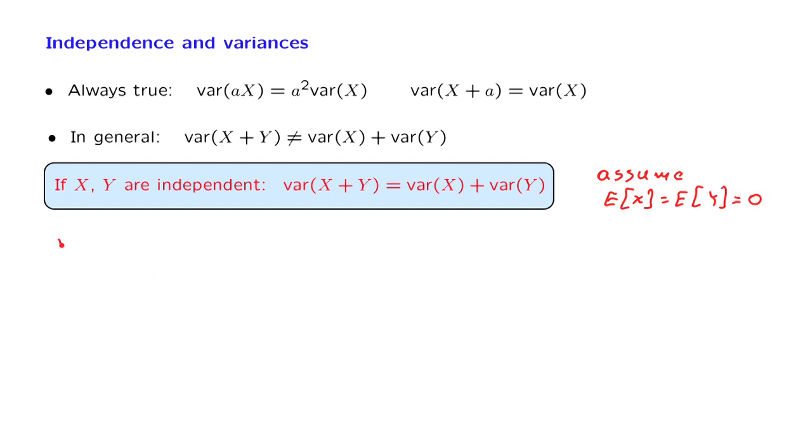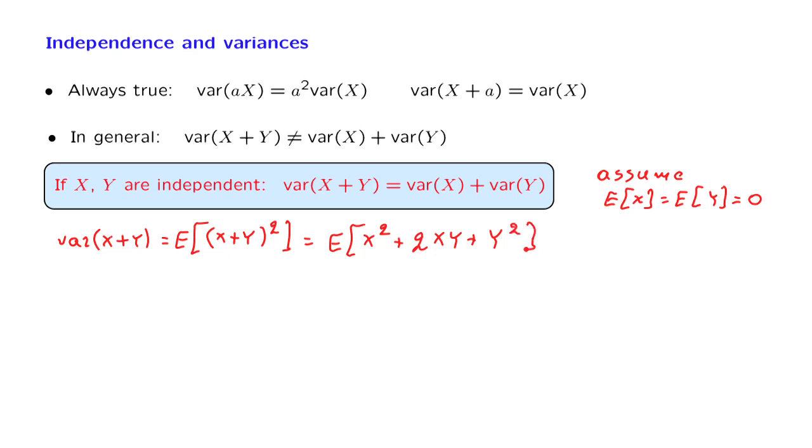So, in that case, the variance of the sum is just the expected value of the square of the sum. And we can expand the quadratic and write this as the expectation of X squared plus 2XY plus Y squared.